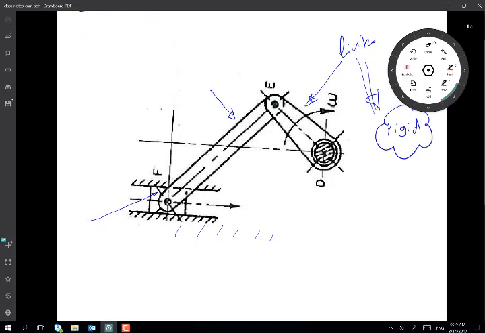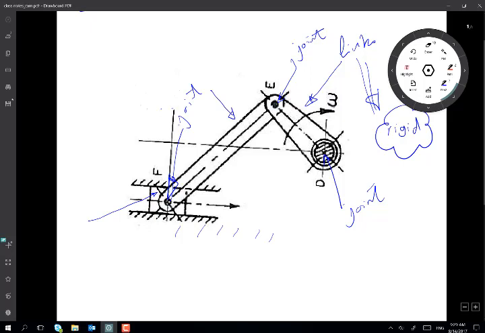Some other important aspect of a linkage is the joint. This is the device which links two members, or connects two links together. For example, here, this is a joint. That's another joint. This is also a joint, correct?